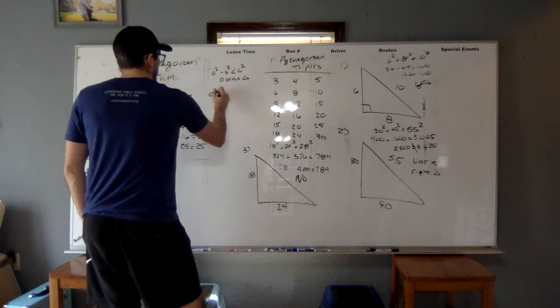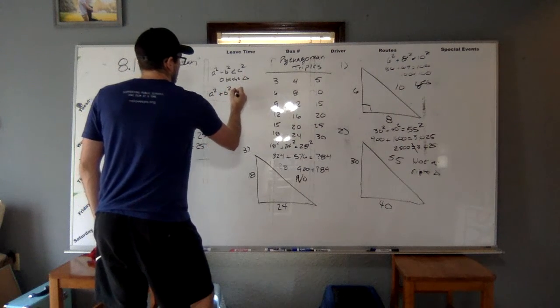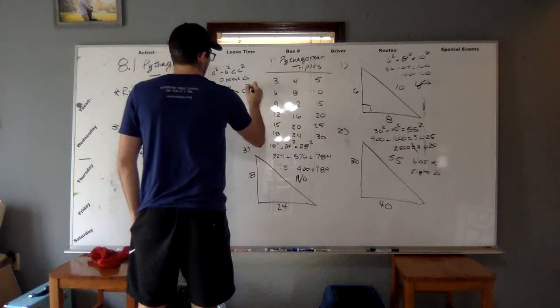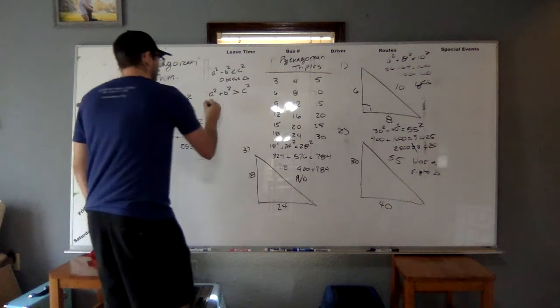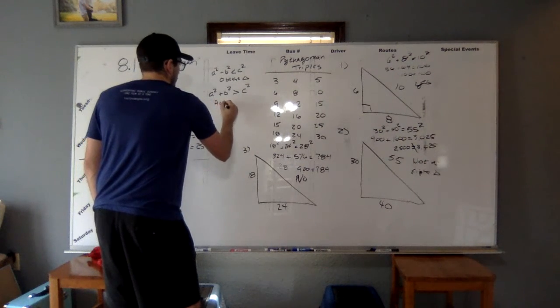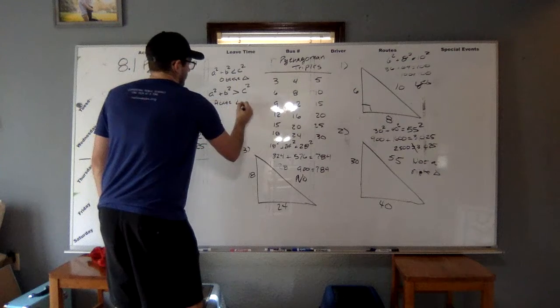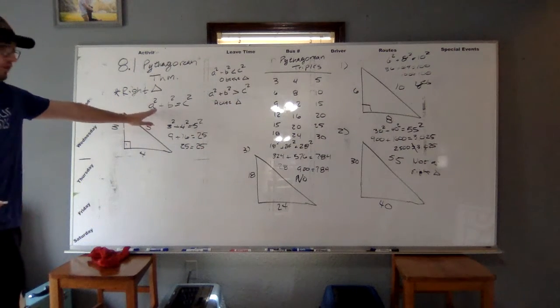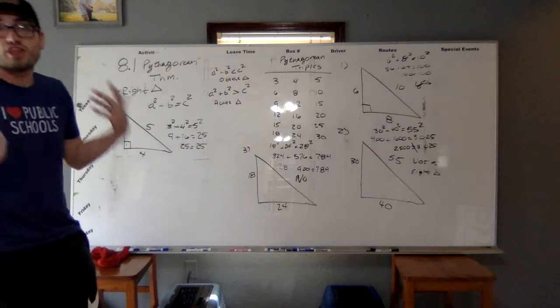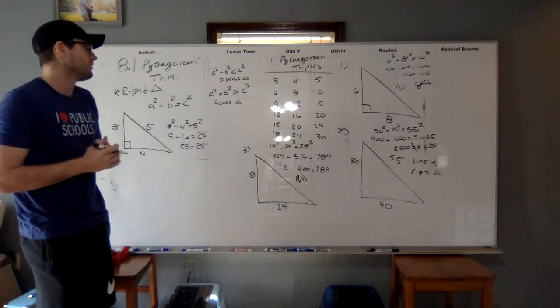If a squared plus b squared is greater than c squared, obviously it would be the opposite, which is an acute triangle. Okay? And then the third piece is the one we learned at the beginning. If a squared plus b squared equals c squared, then that is a right triangle.